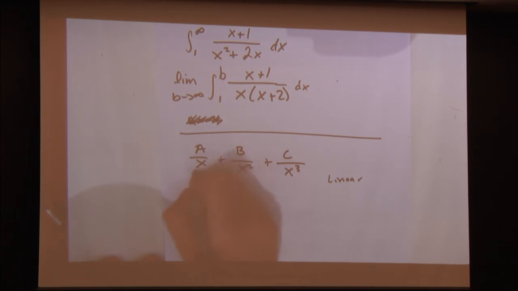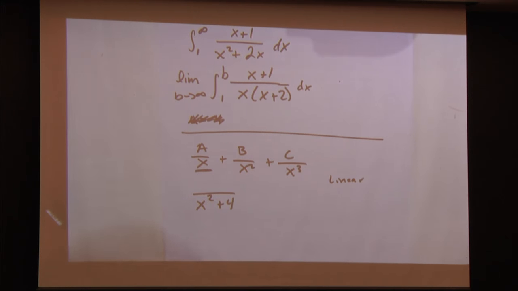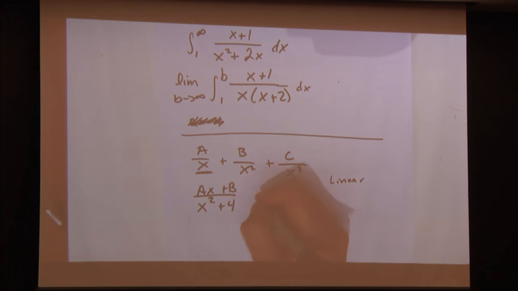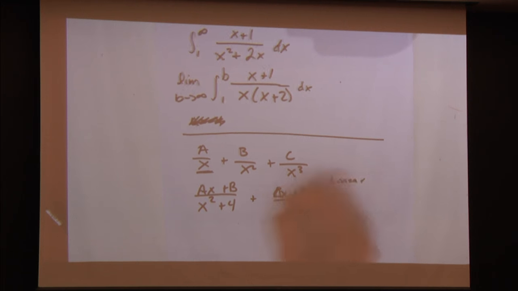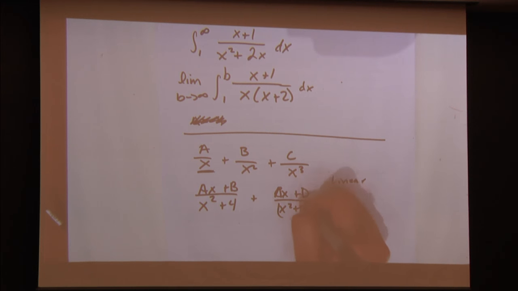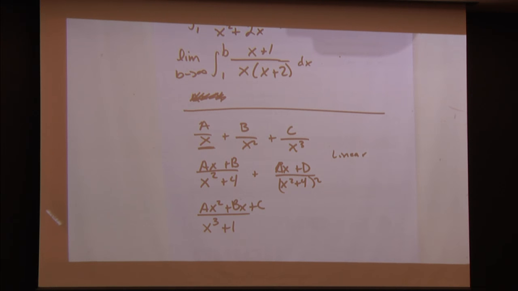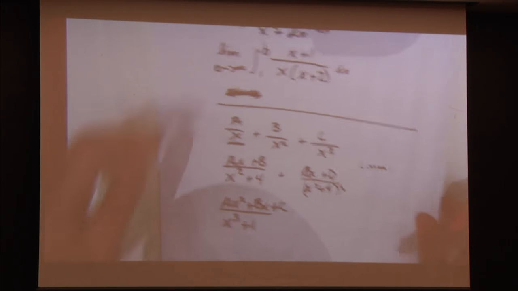If you have generally a quadratic bottom, like x squared plus 4, it's an irreducible quadratic, so ax plus b. And then for every successive power, you'd have cx plus d for the squared version and so forth. If you have a cubic power, you have ax squared plus bx plus c, and so forth using letters of the alphabet.